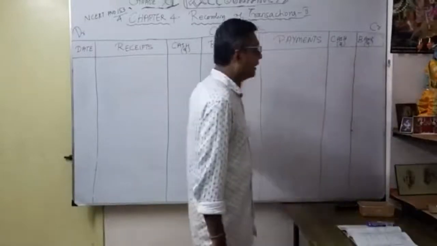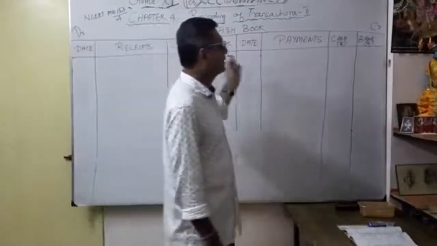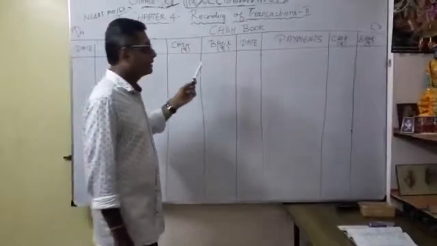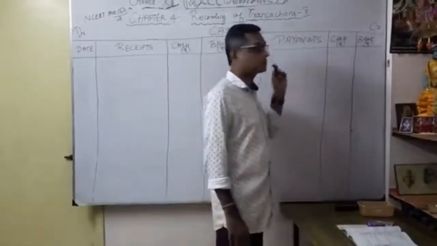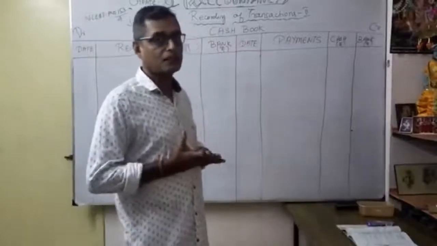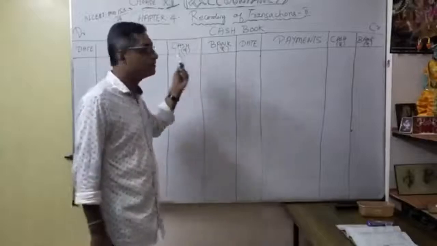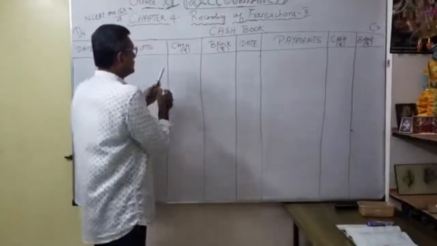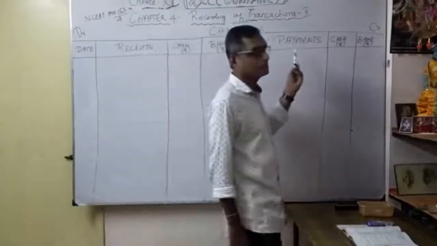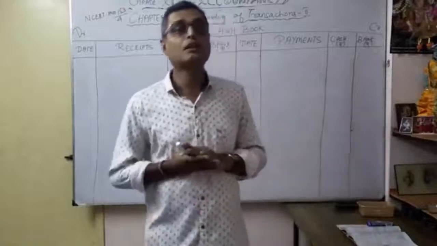The cash book breaks into two parts, debit side and credit side. Always the debit side consists of receipts and the credit side consists of payments. Our previous session dealt with the single column cash book. Today we are going to discuss the double column cash book. So first you draw the debit side, cash, then bank. Similarly here, as payments, cash and bank. You understood? That is what is called double column cash book.